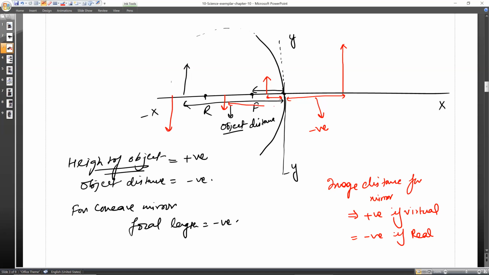The image distance will be measured on the negative x-axis, so it will be considered negative. This distance is on the negative x-axis, so it will have negative values. So if the image is real, we will have V as negative. Image distance, V, will be considered negative.